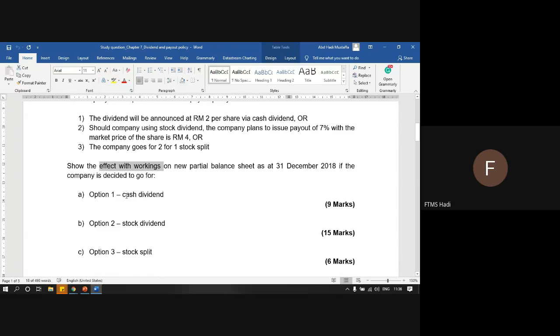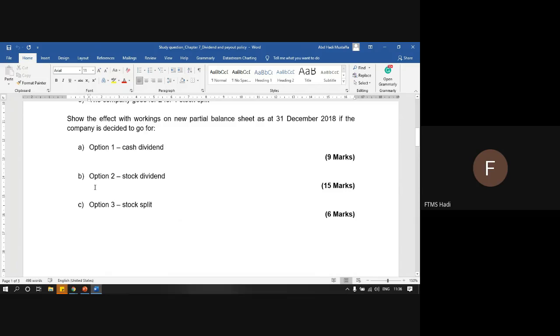Option one, cash dividend, already mentioned here. Option two, stock dividend. Option three is stock split. Okay, let me go first towards cash dividend.